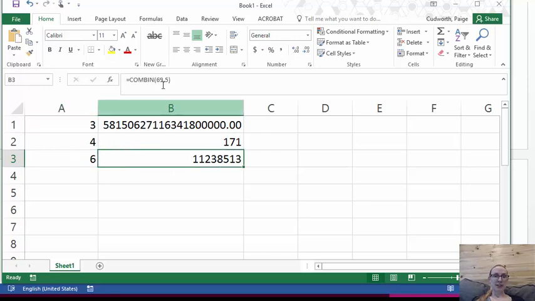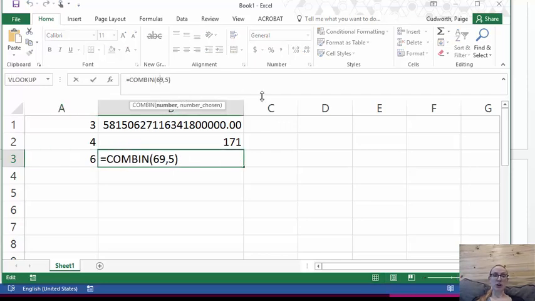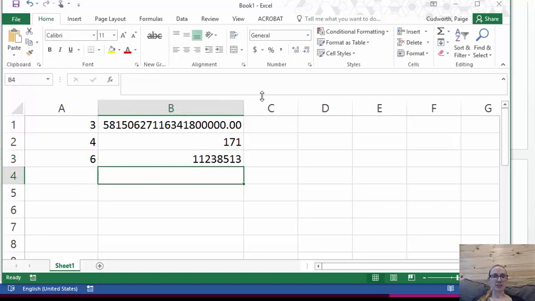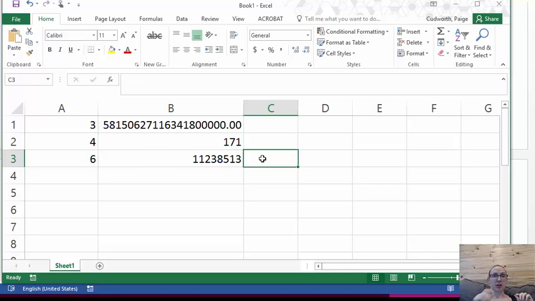Number 6, this is a combination, just for the first part, but it's 69 choose 5, so 69 possibilities, picking 5 of them. This is about, let's see, 11 million here. This is just for the first part of the lottery though, and I mentioned the other part because there's 26 possibilities for that second piece.